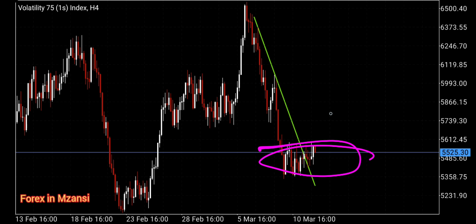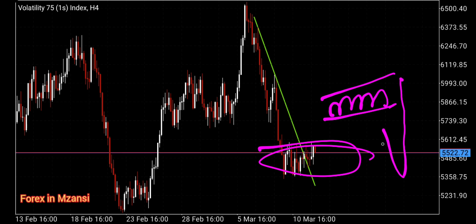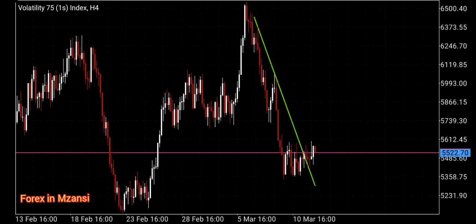Because of what? We are just moving to the side. It's still not decided. Unlike when we go up and break the bearish trend line. Yes, we broke the bearish trend line, but I don't think the bulls are really aware of what they did there. It was just them balanced with the bears, and then we ended up moving to the side and ended up on the other side of the trend line.